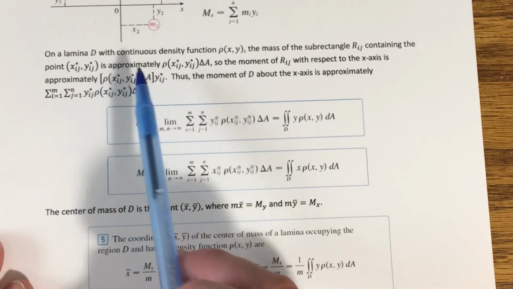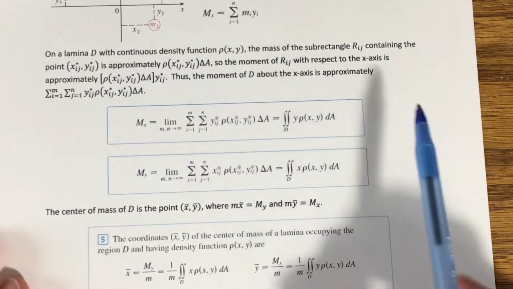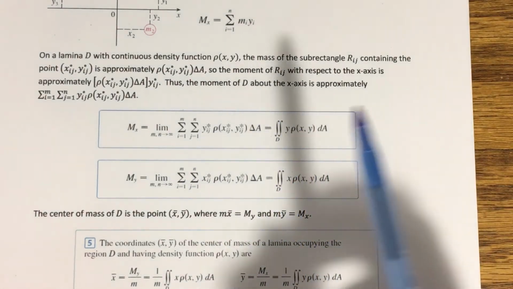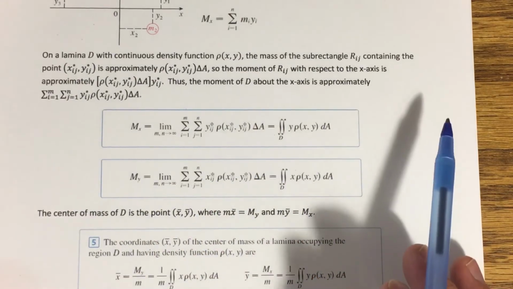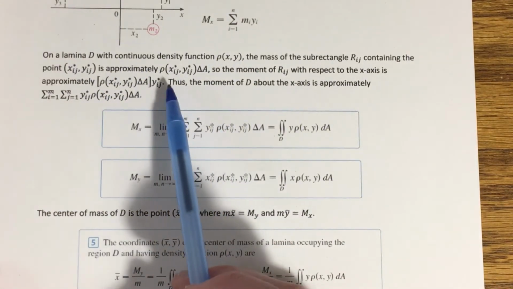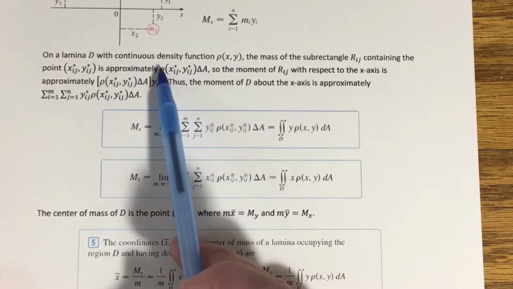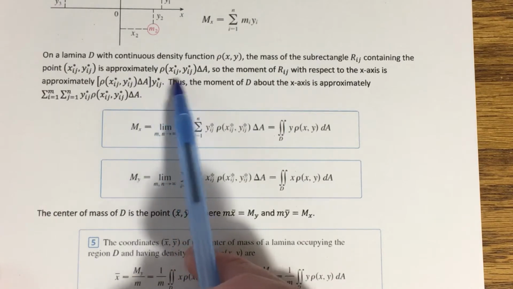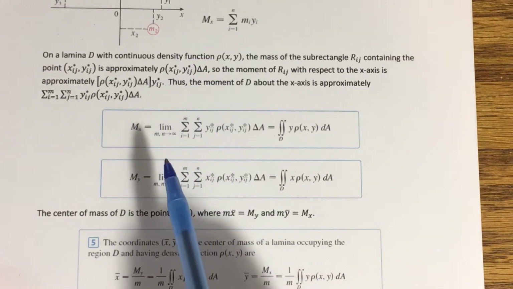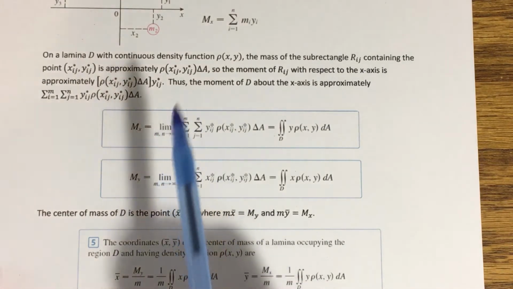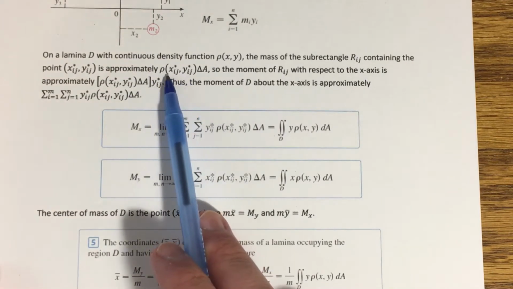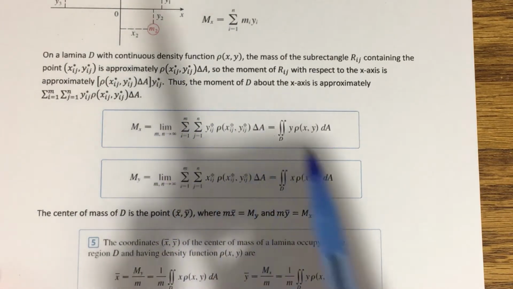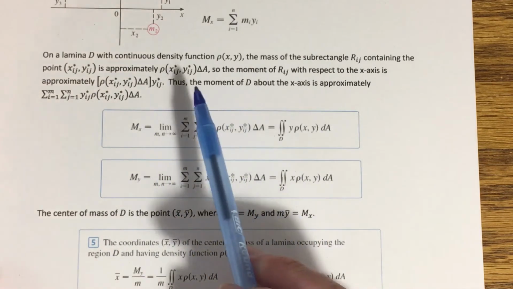If we divide that lamina up into a bunch of subrectangles and select a point xij star, yij star in each one of those, we showed on the previous page that the mass of that little rectangle is approximately the density at that point times delta A. The density will vary very little within that small rectangle, even if this is a continuous function.